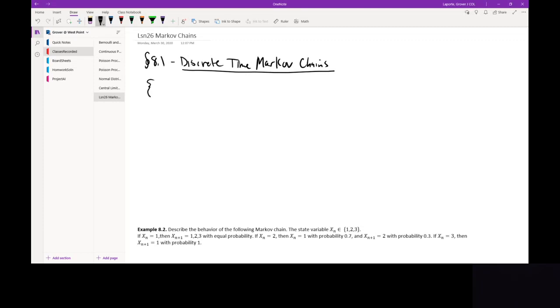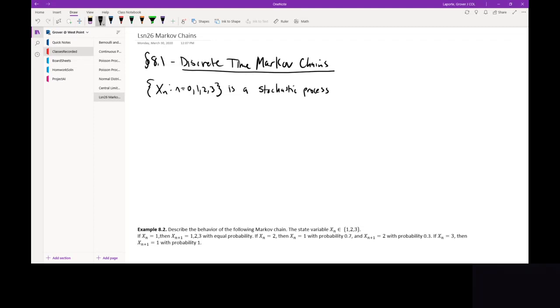If you're given X_n, where n is equal to 0, 1, 2, the natural numbers, we're going to let that be a stochastic process. And what is a stochastic process?